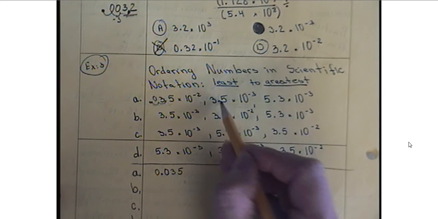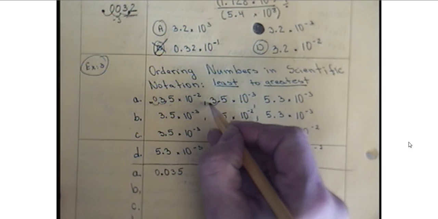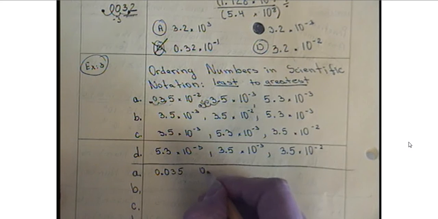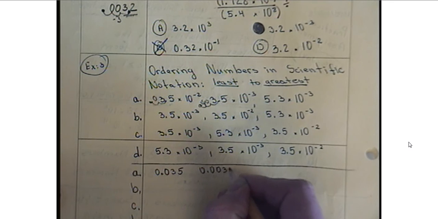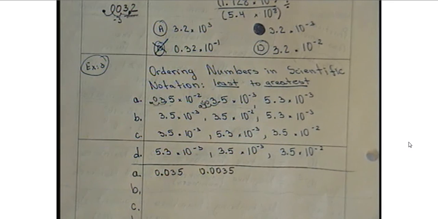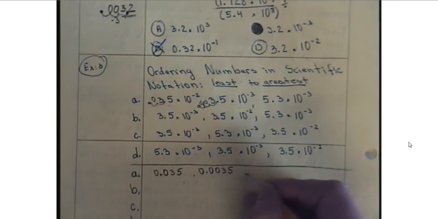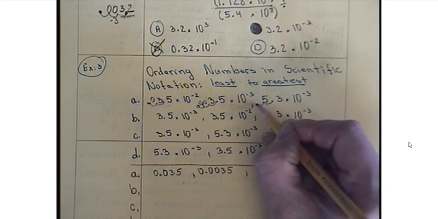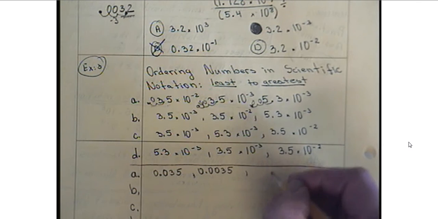Next one, we're moving 1, 2, 3 times. So that will be 0.0035. And the last one here, again we're moving 3 times, 1, 2, 3 times, so 2 zeros up front will be 0.0053.